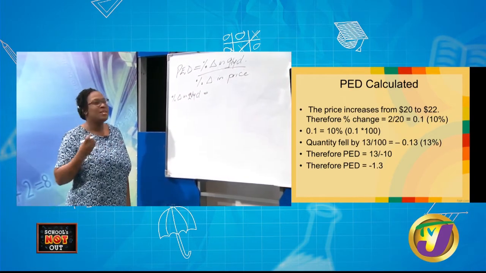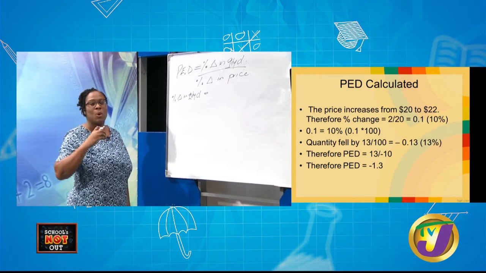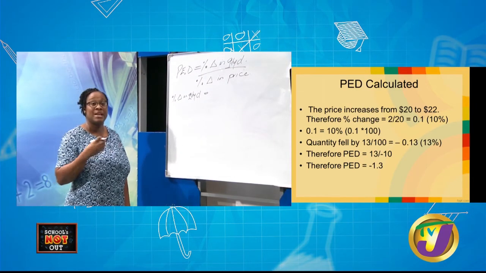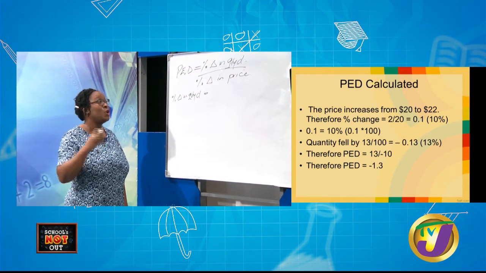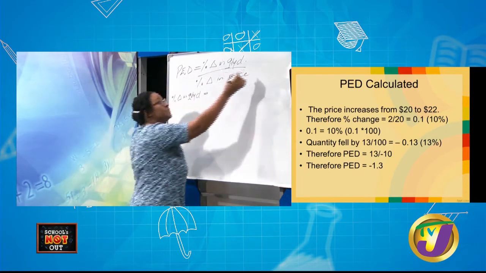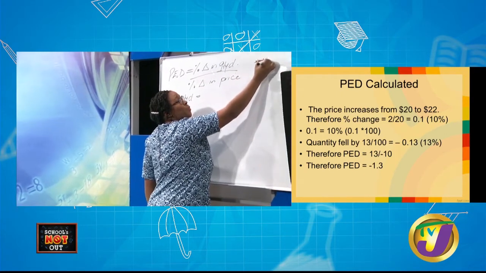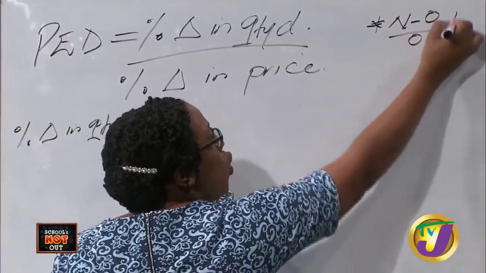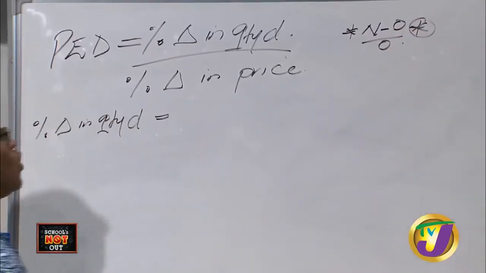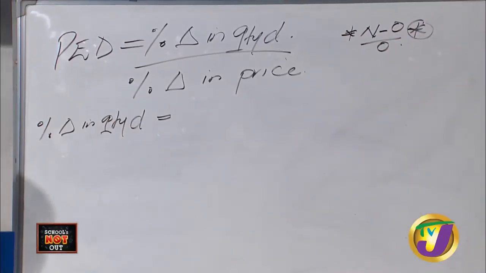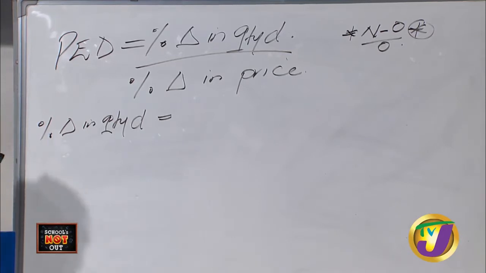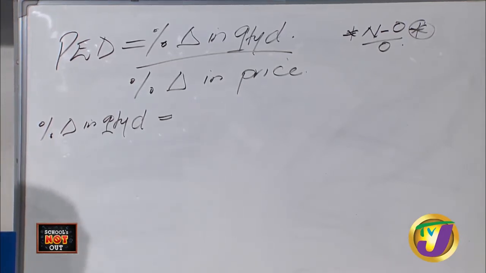I have a little thing that I say to my students. Once you're asked to calculate the percentage change in anything, always keep this in mind. It is new minus old over old. So for quantity demanded, the question said that the quantity of pencils decreased from 100 to 87.